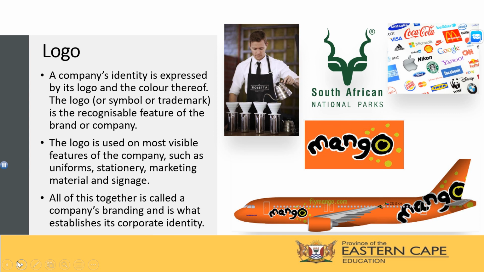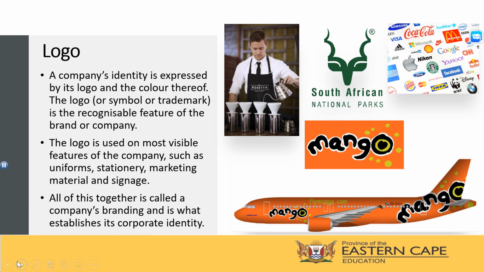Before we look at the rest of the information on your screen, I'd just like you to have a look at the right-hand side where various logos are given. The first one is at the bottom of your screen, Mango Airlines. Everybody knows if they see the orange aircraft with the Mango logo on it, exactly that it is a budget airline that offers services in South Africa, and it is also a very identifiable logo.